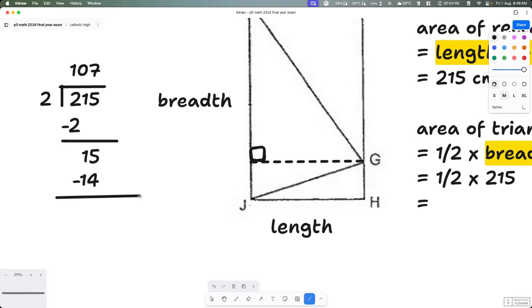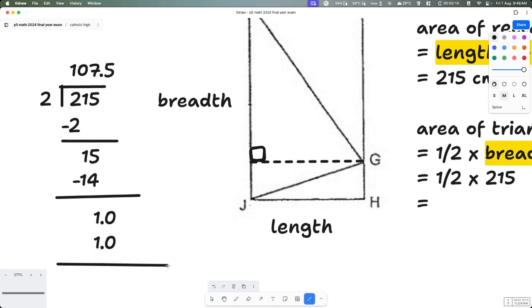And then this will give us 1. Okay, point 0. So that means we need to put decimal place. So 1, and then after that, we'll just put 10 in this case over here. So this will give us here 107.5.